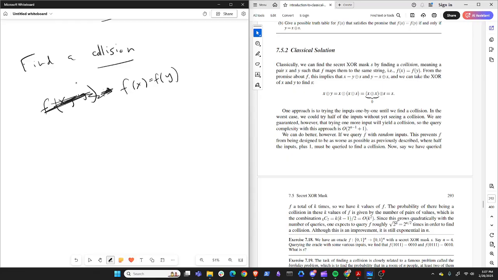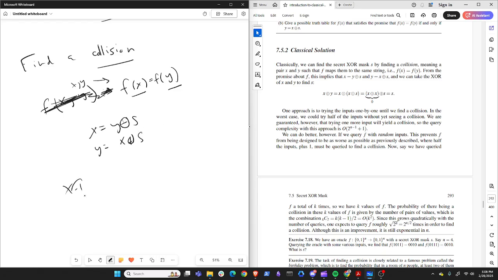It's finding some x and y such that f of x equals f of y, mapping it to the same string. This means, by the definition of what we were just discussing, that if f of x equals f of y, then x equals y XOR s, and y equals x XOR s. Then we simply XOR x and y to find out what the secret string is.